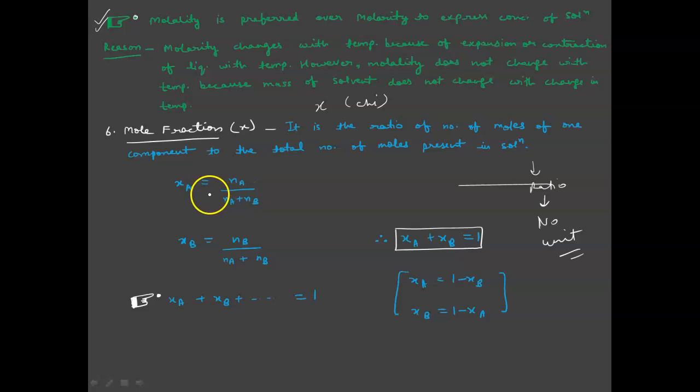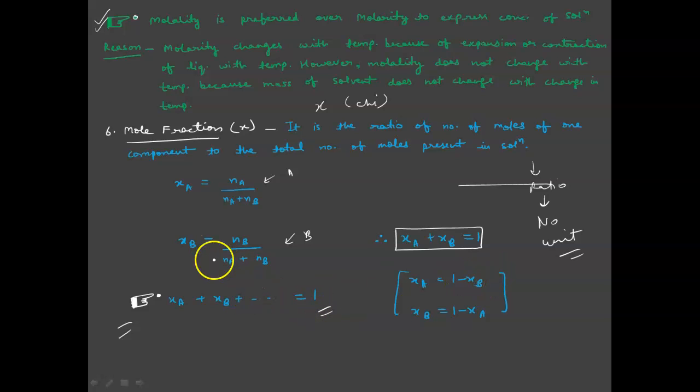Now chi A. Chi A is Na upon Na plus Nb because it is focusing on A. Now chi B is Nb upon Na plus Nb. Remember this one thing, very important. All the mole fractions sum equal to 1. Chi A plus chi B, or whatever the number of components in the solution, is always equal to 1.